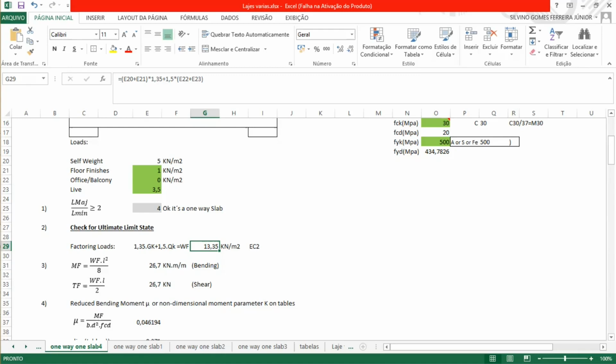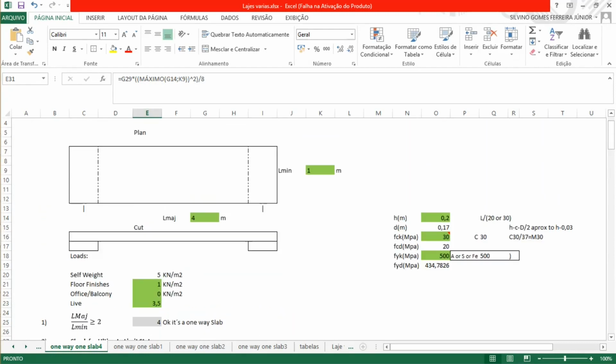So on a simply supported structure, the moment will be the factored weight multiplied by L squared divided by 8, which gives you 26 kilonewton meters.